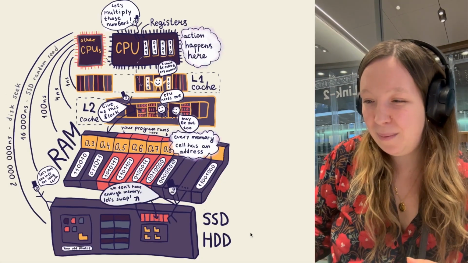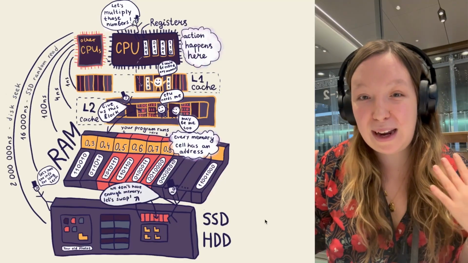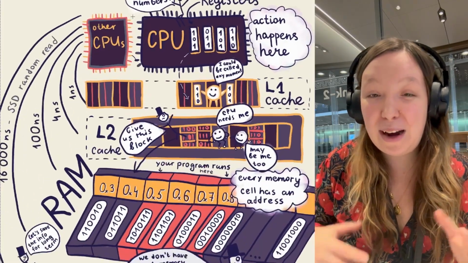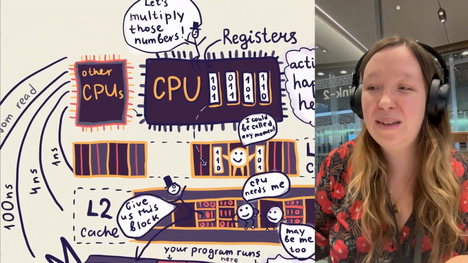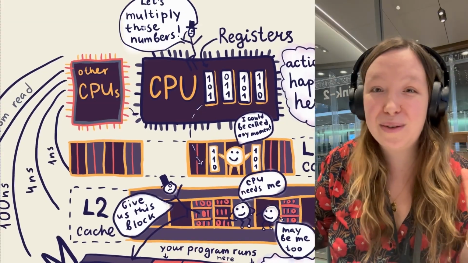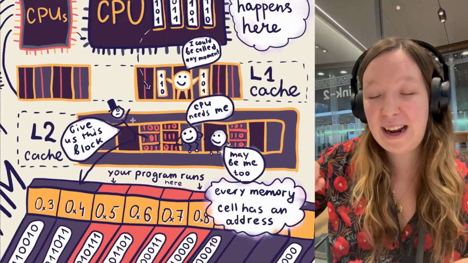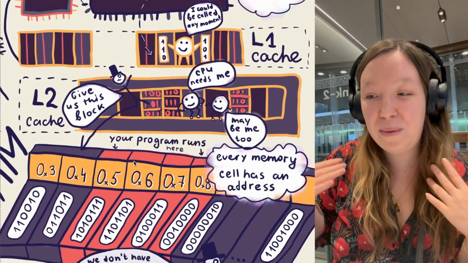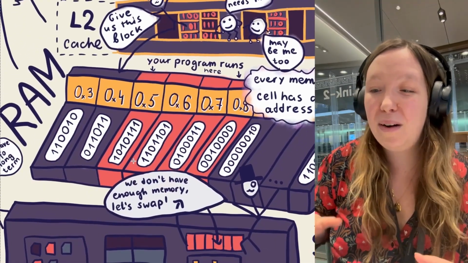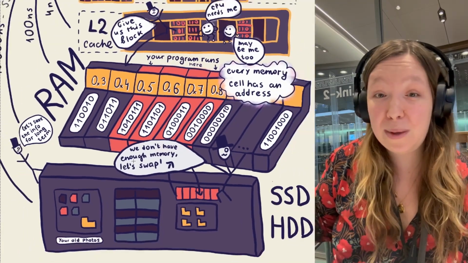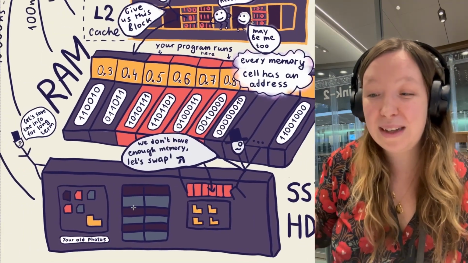So to sum it up, we talked about the CPU and operations happening in the registers, where anything that you're running is ultimately happening. We talked about cache and how sequentiality of memory is important. We learned where the memory for your program is actually located in random access memory.